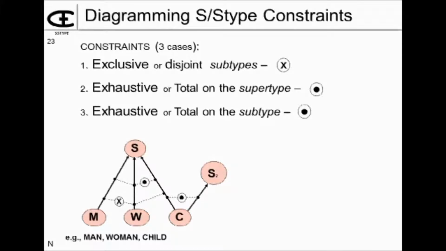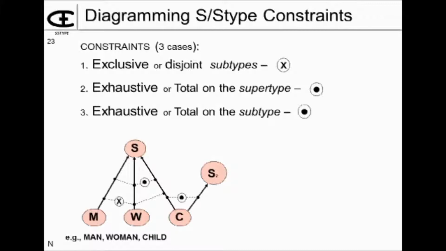So in this example, I'm showing a supertype, and then it's man, woman, and child. Well, you can see I've got an exclusion between M and W and C. That says you can't be in 3 of those. You can only be in at most one of them. And then I've got this mandatory constraint across those 3, and it says you must be in at least one of them. Notice the at least and the at most.